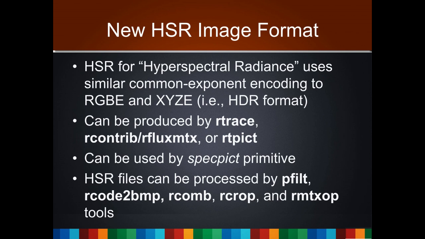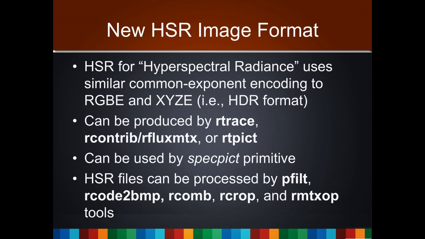And it can be used by the spec-pict primitive I mentioned earlier. Quite handy for that if you have a spectral image that you're trying to get into your scene, or a spectral pattern like the sky. Cumming used this for gen spectral sky, gensskyspec. So it's useful. And these files can be processed by pfilter, as I mentioned.